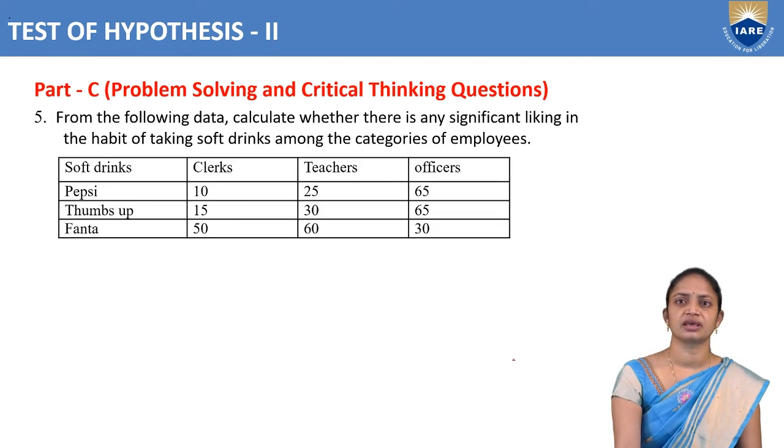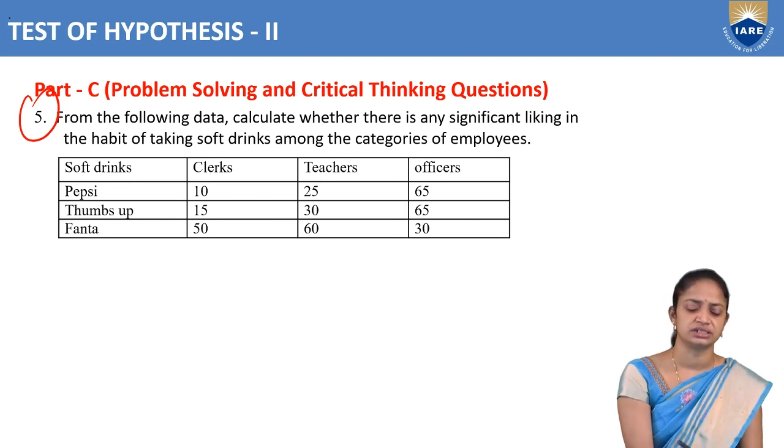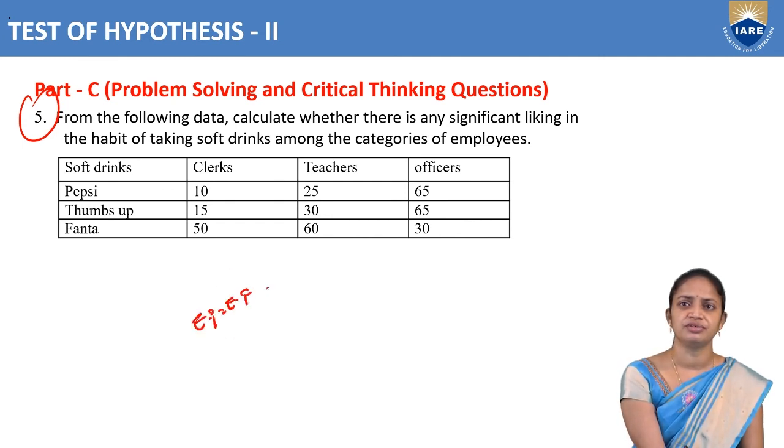So now coming to the fifth question: from the following data calculate whether there is any significant liking in the habit of taking soft drinks among the categories of employees. So here they have given some rows and columns. For the expected frequencies, EI values, we have to use row total into column total, so we need to calculate row total, column total, and grand total.